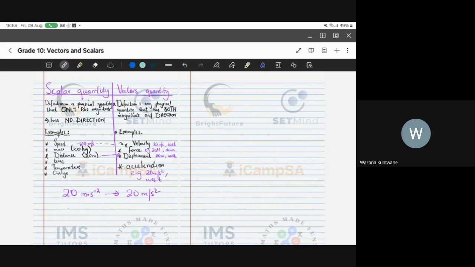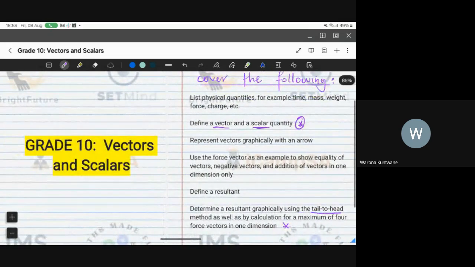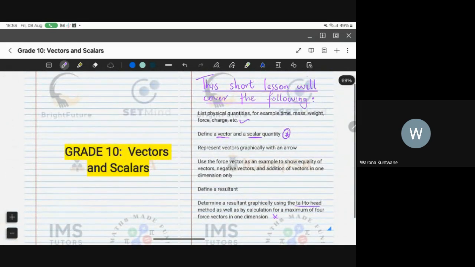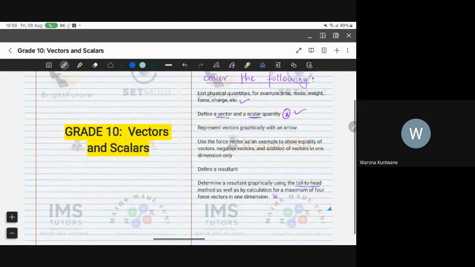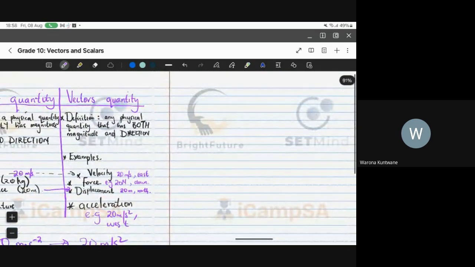Right. So now, let us do a check. We've done this, we've done that, and let us go to our third point, representing a vector graphically. So you will notice that the main focus for today is vectors. Remember what we said, they have both magnitude and direction.